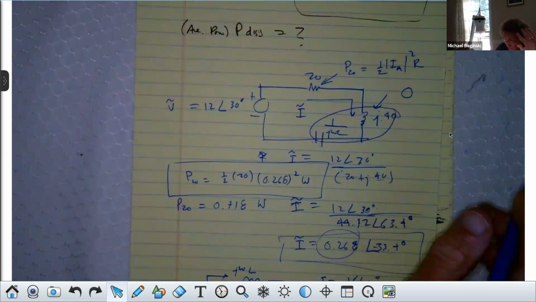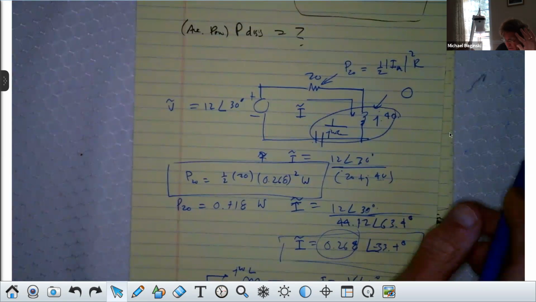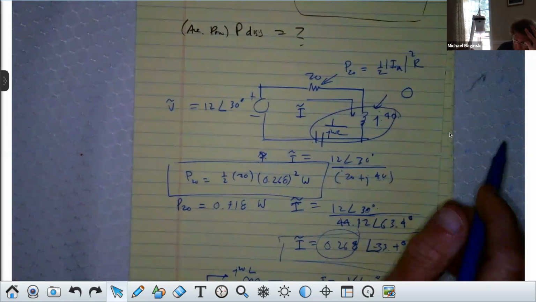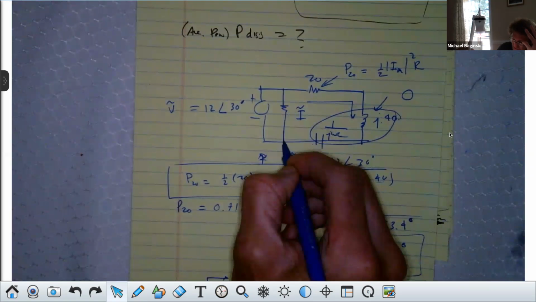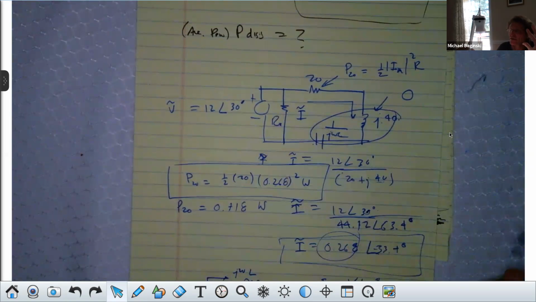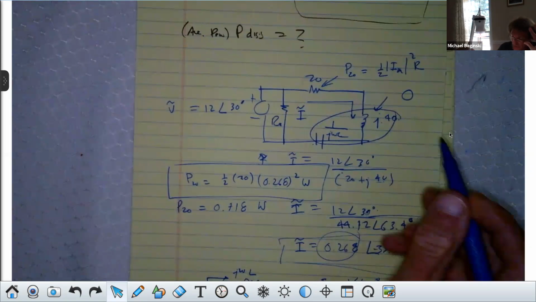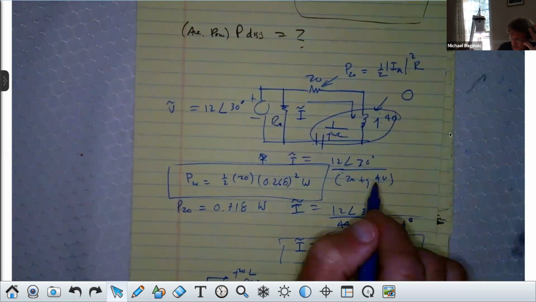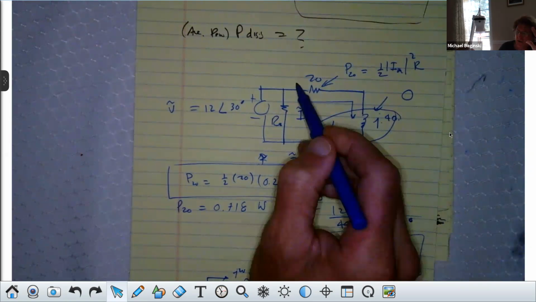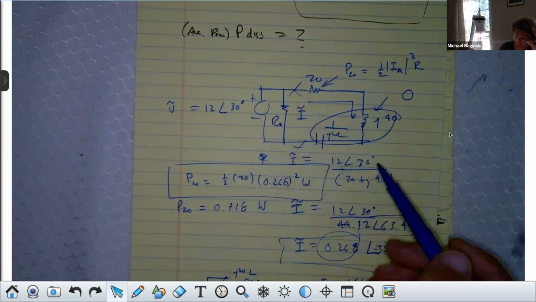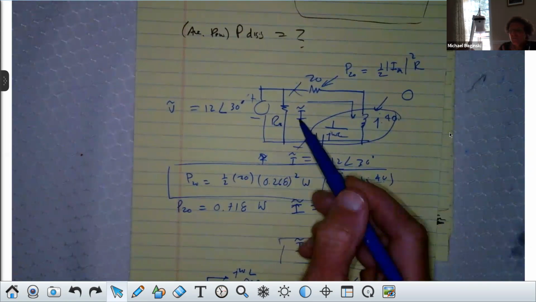Now, if I did something really diabolic, and I put another element here, say this was a resistor, how would it change? And I still want the total thing dissipated by the circuit that's attached. Let me ask you this, would the voltage change across that prior circuit if I put an element here, class?